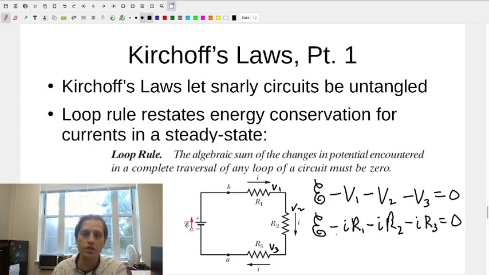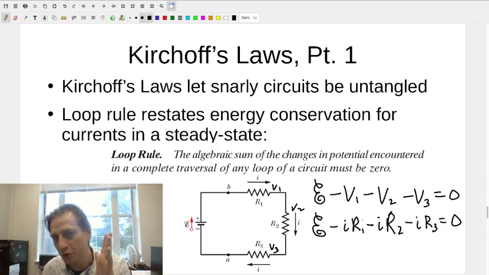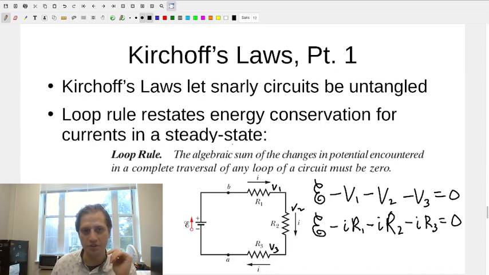And then you could use this to solve for that current. Now, you might even notice we already sort of secretly used this principle when we did our equivalent resistance for resistors in series.